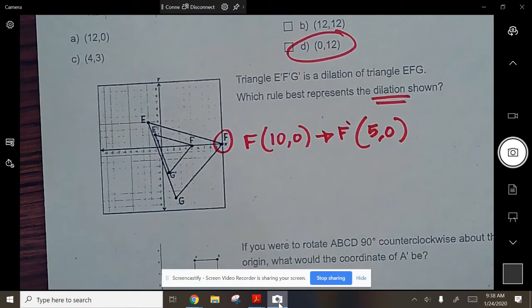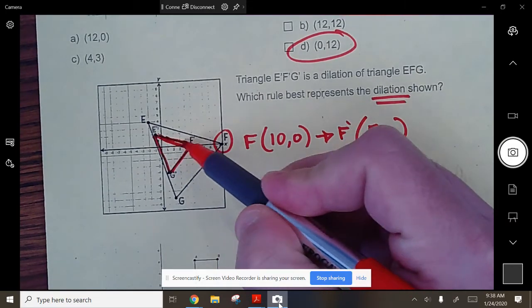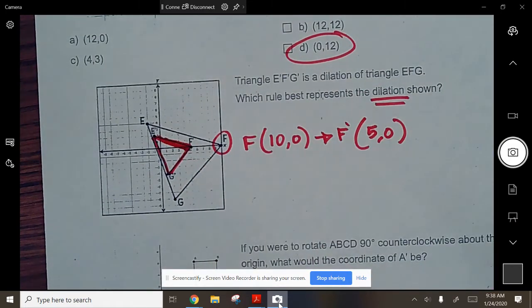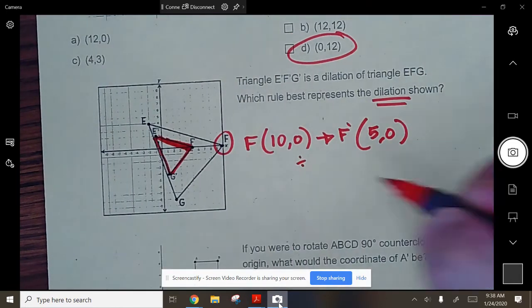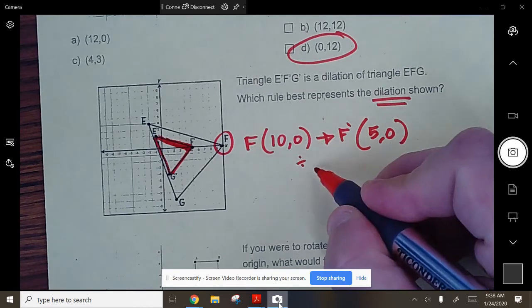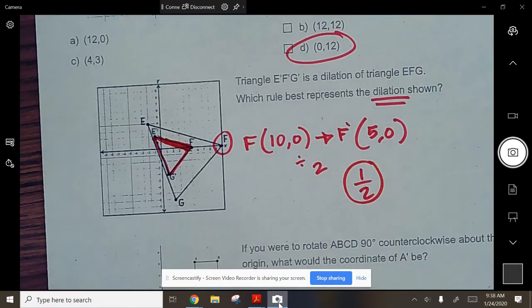Let's take a second. What happened? We got smaller. Again, this is a reduction. It's a shrink. It got smaller. That's the new image, the red, okay? And what did it shrink by? What did it get divided by? 10 to 5, it got cut in half. It got divided by 2. So your scale factor is 1/2, okay?